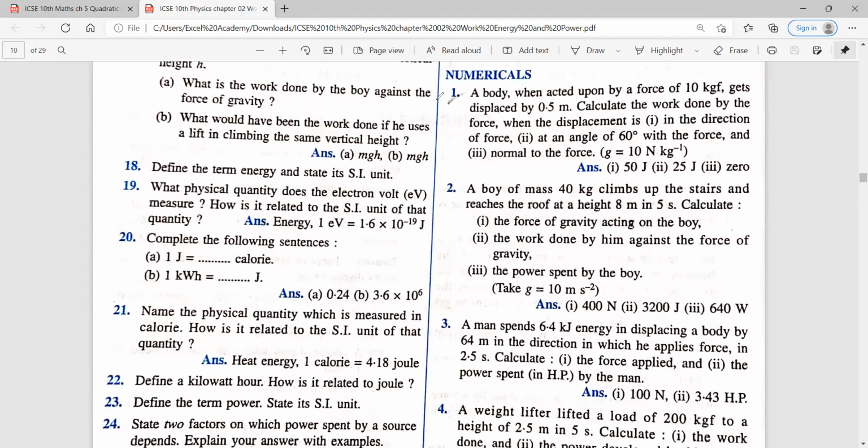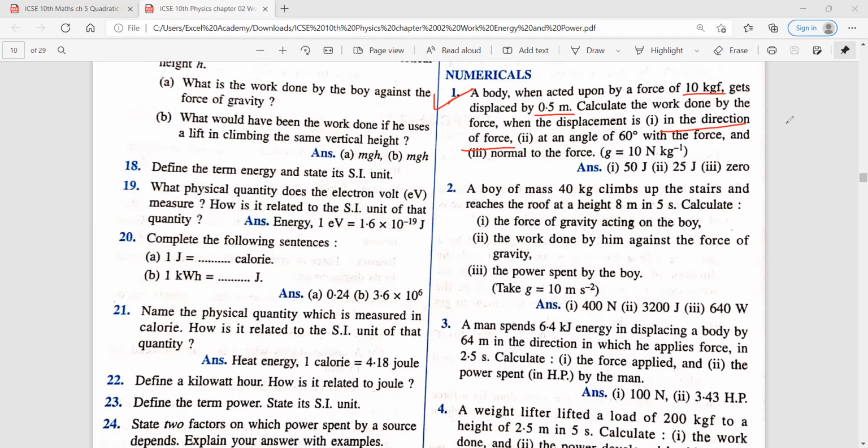Okay, first one. A body when acted upon by a force of 10 kg force gets displaced by 0.5 meter. Calculate the work done by the force when the displacement is in the direction of force. What do you mean when the displacement is in the direction of force?